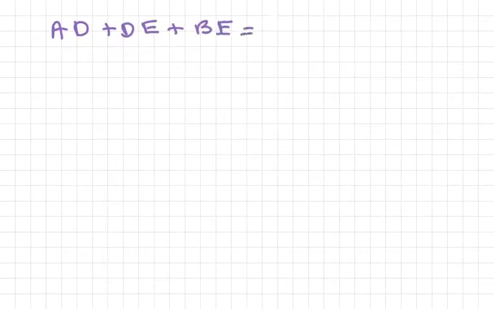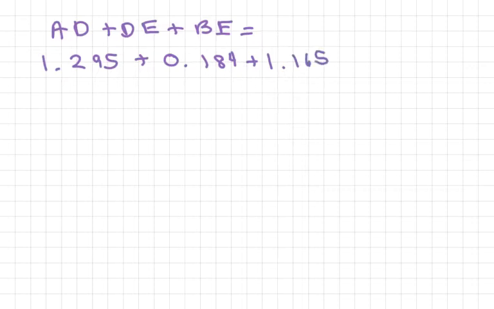So we're going to do that, and we get AD plus DE plus BE equals 1.295 plus 0.184 plus 1.165, which is approximately 2.64 miles. So the approximate length of the highway is 2.64 miles.